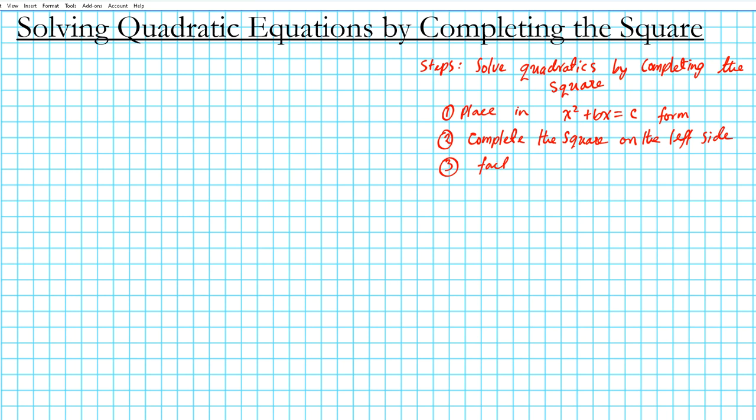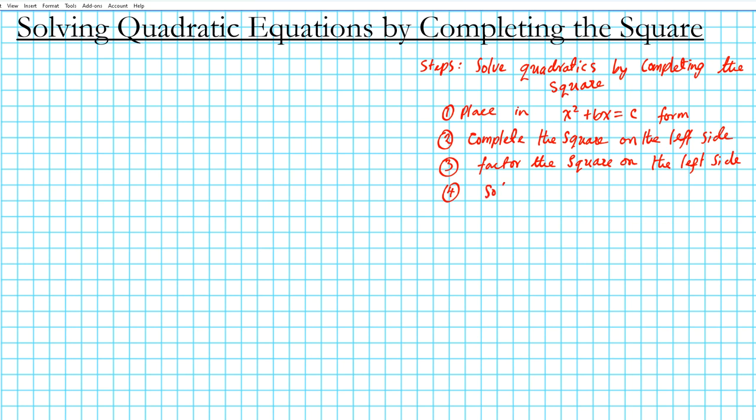Okay, so you're going to then go ahead and factor the square on the left side. The complete square we created, we're going to factor it. And then after factorization, we are going to go ahead and solve using the square root property.